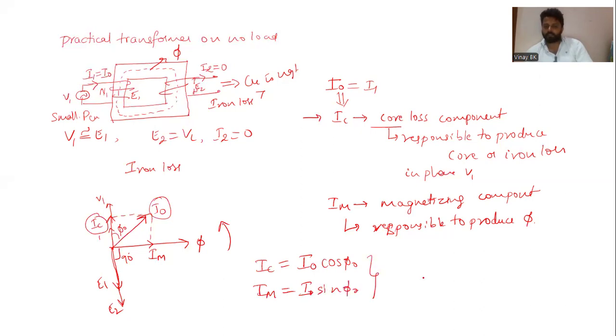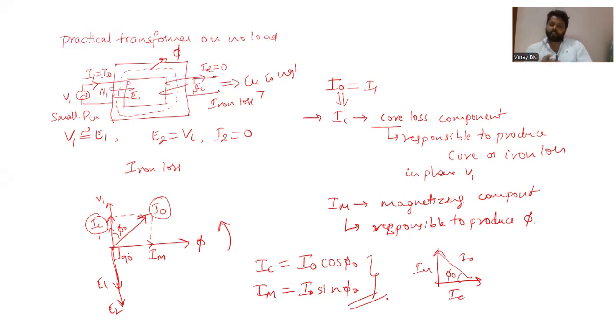If you consider a triangle of this IC, and here you can see this is IM and this is your I0. This is the angle phi naught. If you define cos phi naught, you get IC, that is I0 cos phi naught. If you define sin phi naught, you get IM, that is I0 sin phi naught.